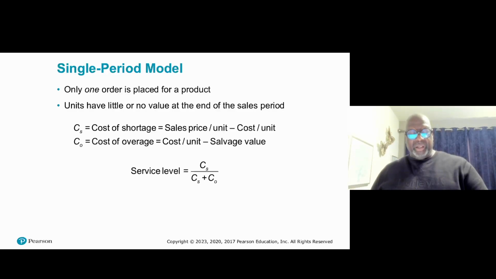So in this model, the inventory item lasts for a single period. Only one order is placed for a product. Units have little or no value at the end of that sales period.